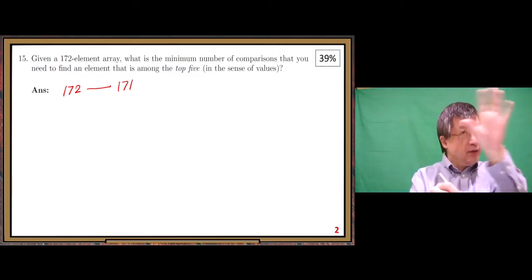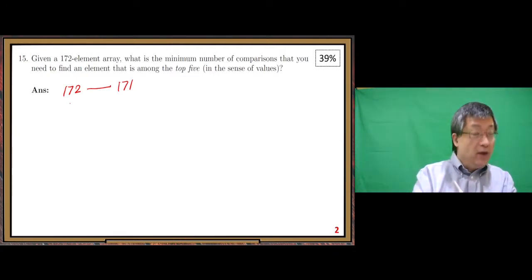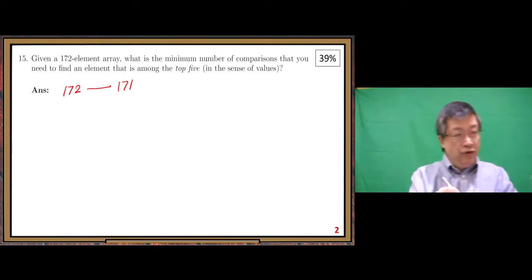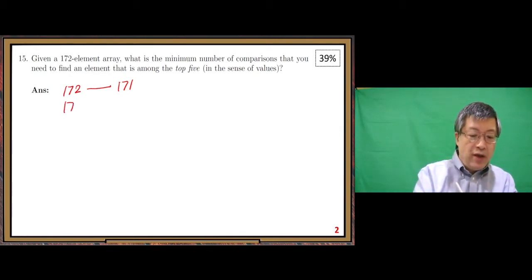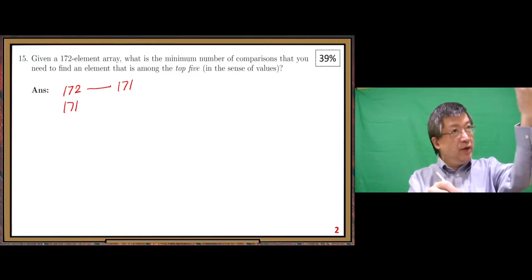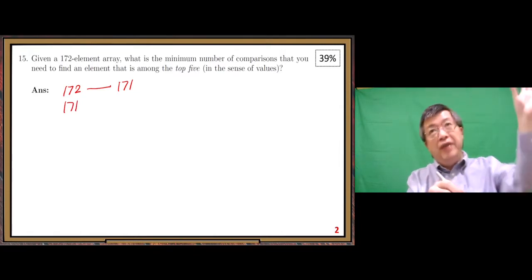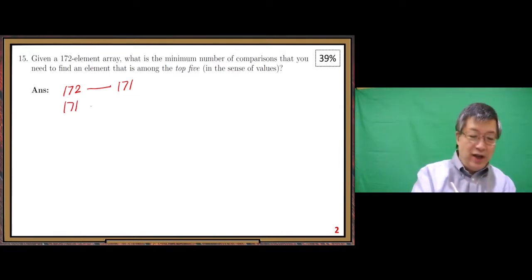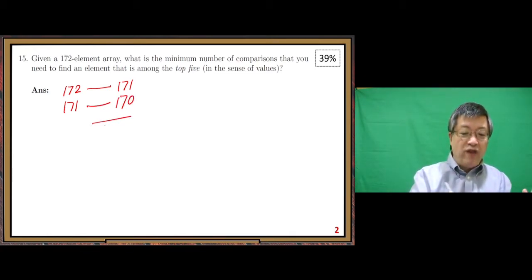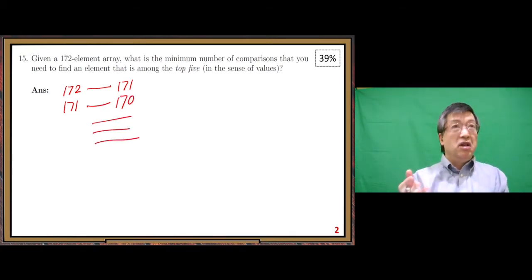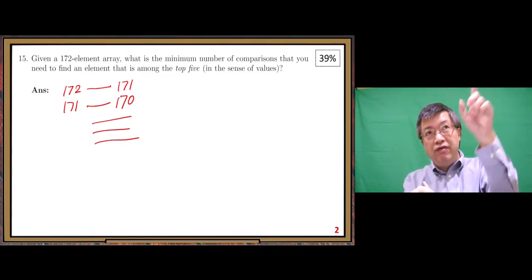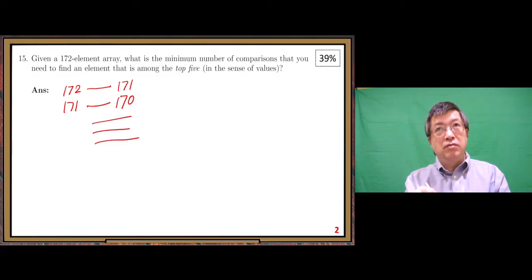Then let's do another round. After we remove the biggest one, there are 171 elements left. Then we find the second largest. So then we need 170, and we do this 5 times. Then what you get is not the top 5, you get the fifth largest.